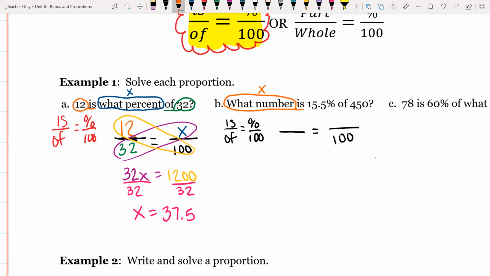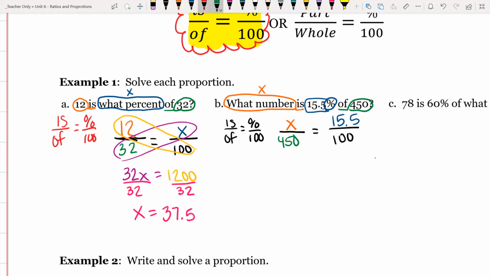So we want to find the is. After the word is comes what it is. In this case, we don't know, it's our x. Our percent is always going to be with the percent sign. So our percent is 15.5. You don't need to write percent there. And then our of follows the word of, 450.